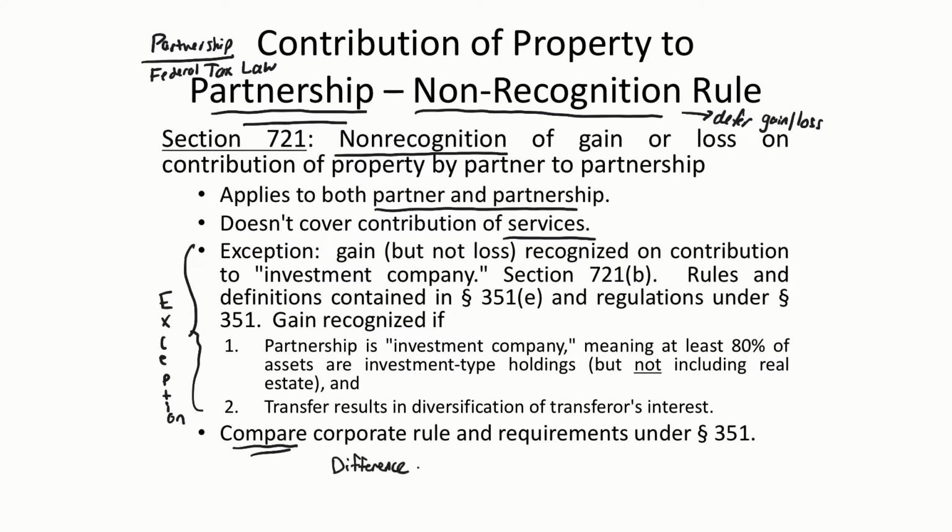Remember that for Section 351 for corporations, you have to have a transfer of property to a corporation solely in exchange for stock, and such person or persons are in control. The first two elements of that are the same for partnerships. You have to have a transfer of property to a partnership solely in exchange for a partnership interest. But there's no control requirement.